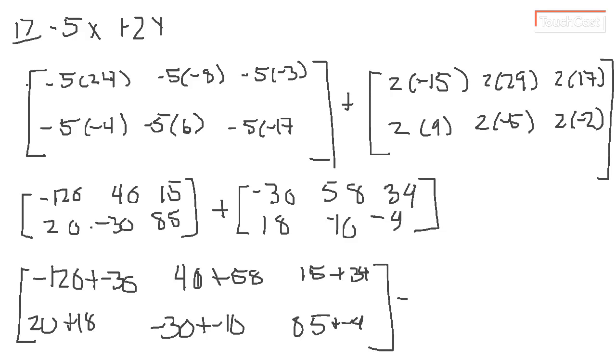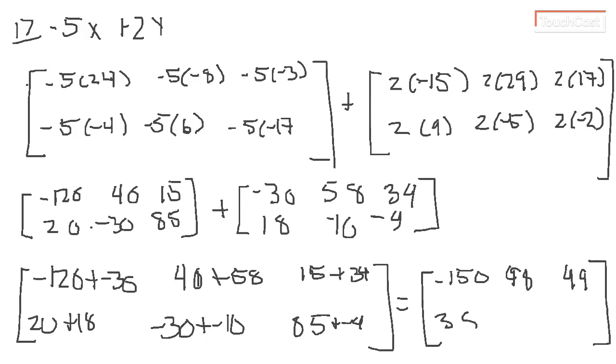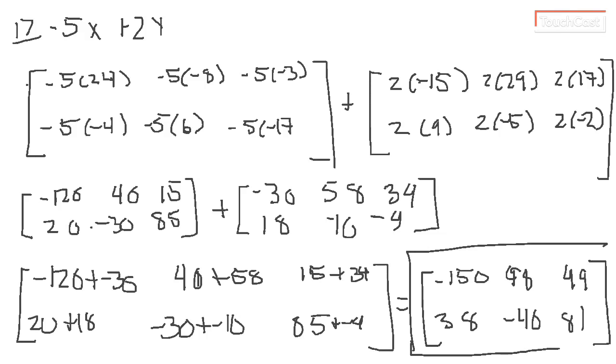So if we combine everything, our resulting matrix is going to be negative 150, 98, and 49 for the first row. In our second row, we're going to have 38, negative 40, and 81. So we are done with negative 5x plus 2y.